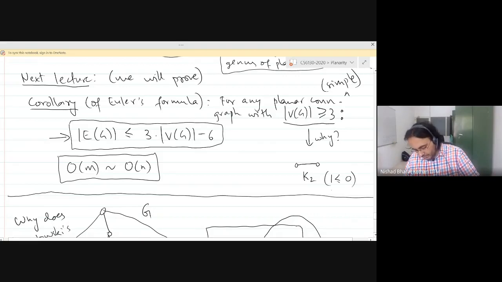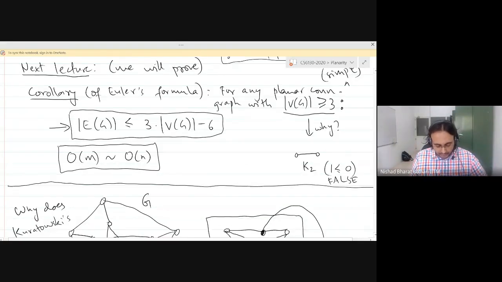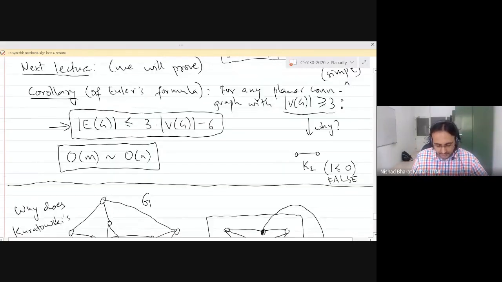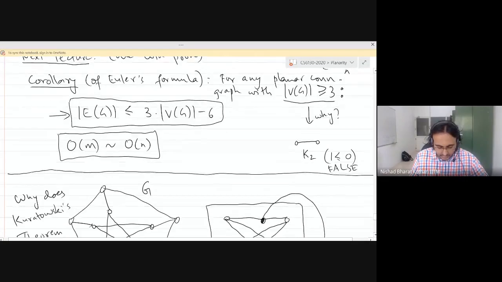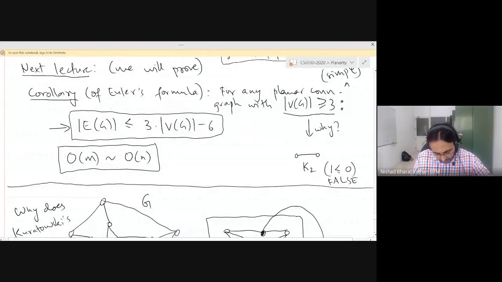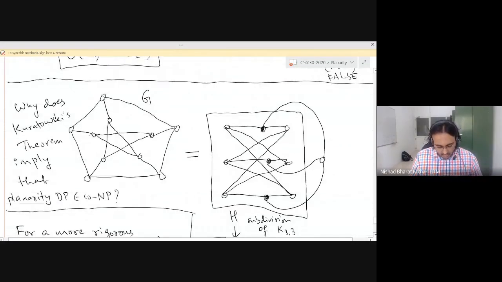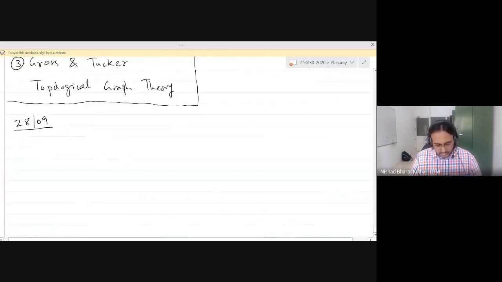Right? So there are graphs which are too small where this formula is not going to hold. But we are going to prove that for all bigger graphs, 3 or more vertices, this is going to be true. Okay? So how do we go about proving this?